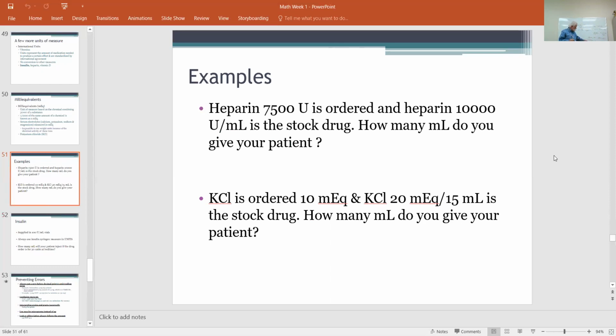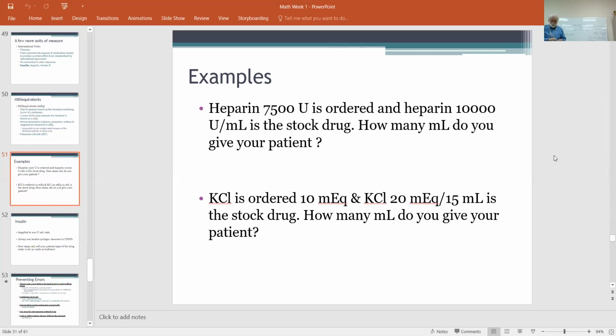And that's how we dose. 7,500 divided by 10,000, I'll just come up with 0.75 milliliters. And we can easily dose that because our syringes are graduated so that we can do it.